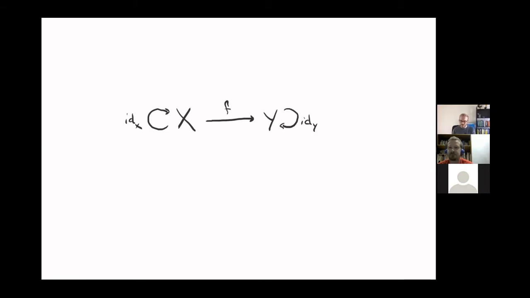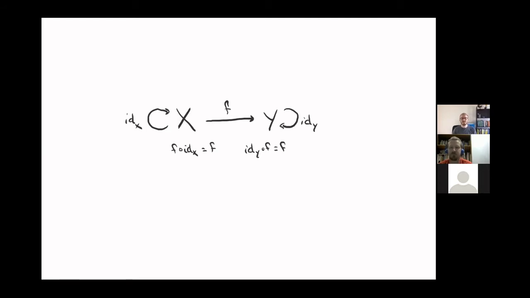Well, I need to say what the compositions of these things are. But the identities are supposed to do nothing when I compose. So I should say that F composed with id X must be equal to F, and id Y composed with F should also be equal to F. And that's all you need to say, that's all the data that's associated with the category.